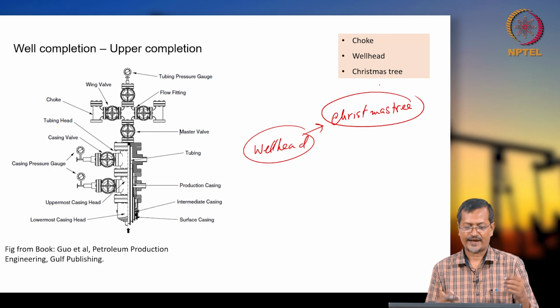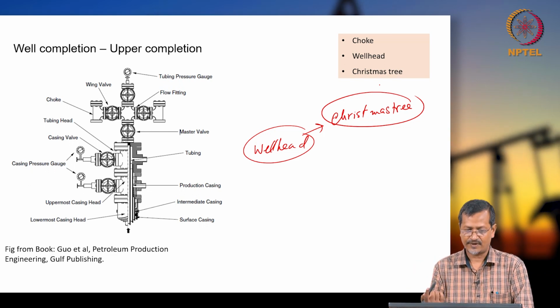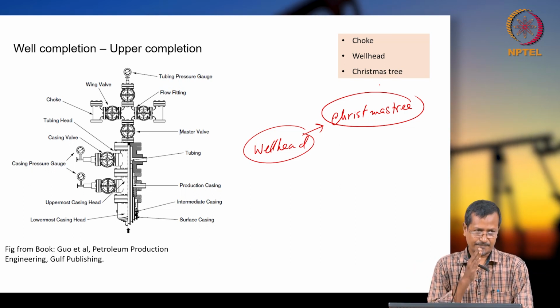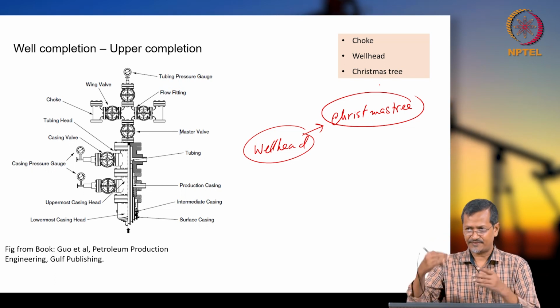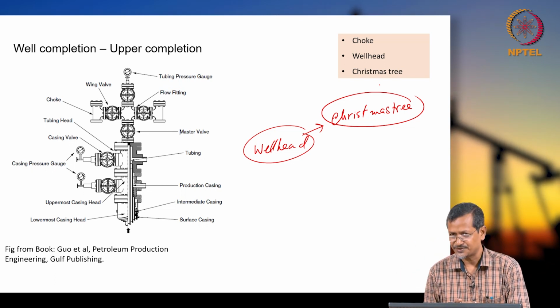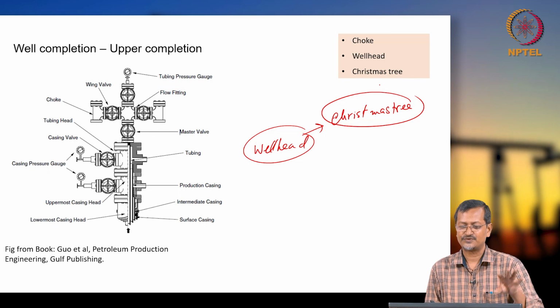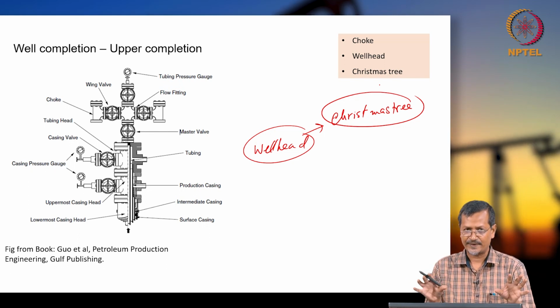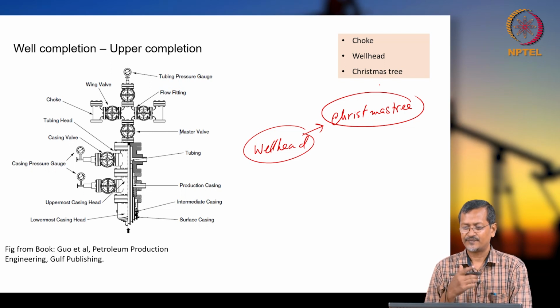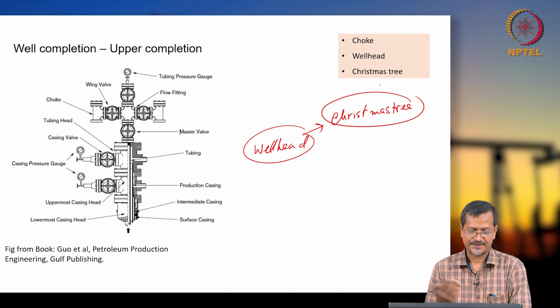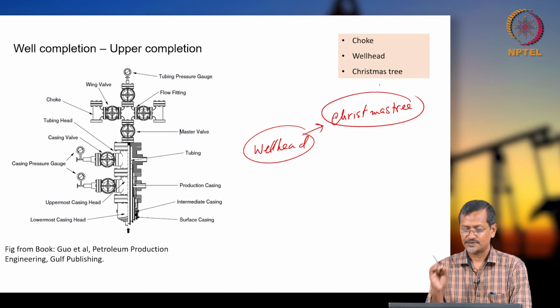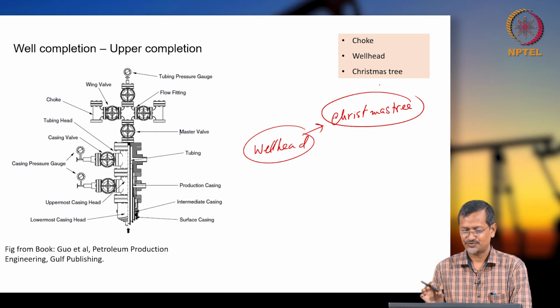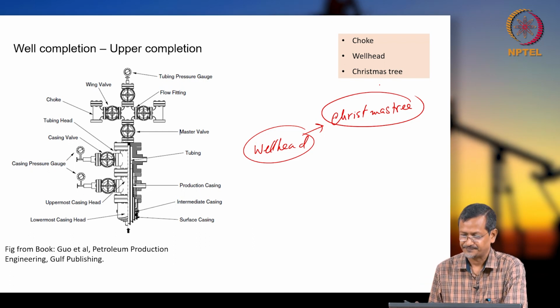Through this you can access your wellbore. You have several valve arrangements there: primary control valve, secondary control valve, safety equipment, all things will be there in the Christmas tree. This is not the actual Christmas tree used on 25 December; rather it is mechanical equipment used in the oil industry, and they will have wet tree, dry tree, or sometimes they just say tree. Those terms you must be familiar with.